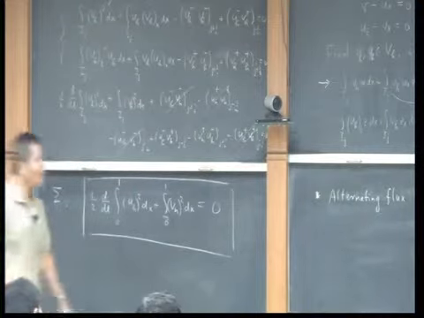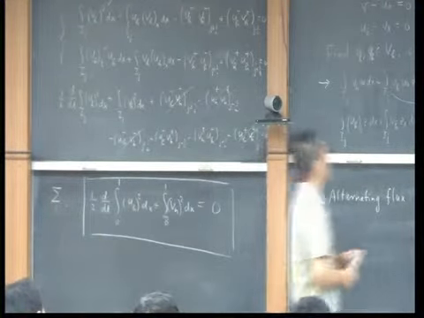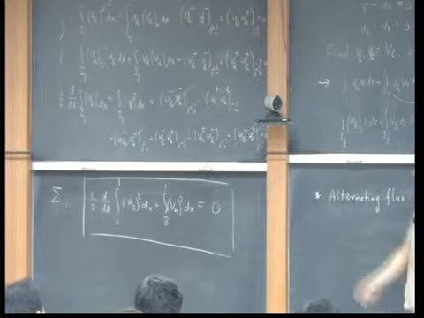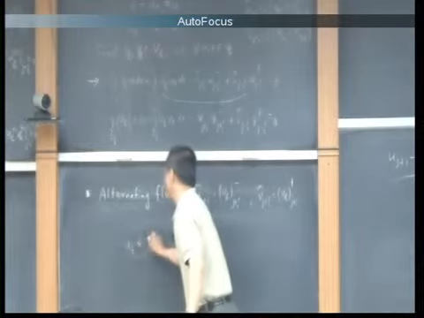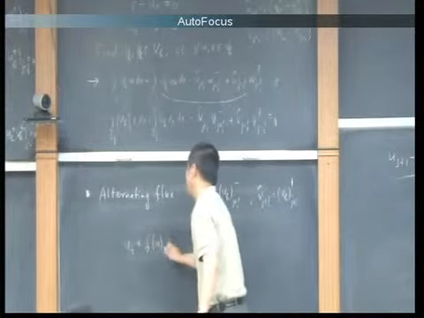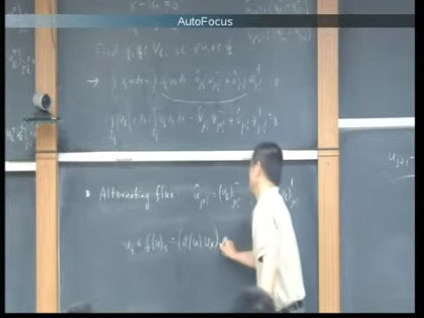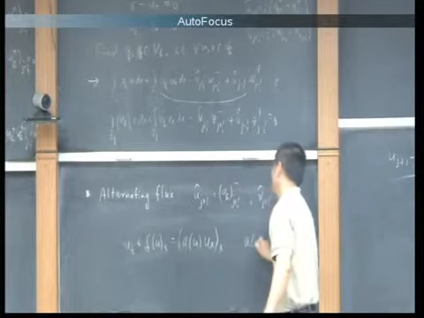Now, I will claim without a proof that this scheme, as well as this proof, can be generalized to the general nonlinear convection diffusion equation that we wrote before.